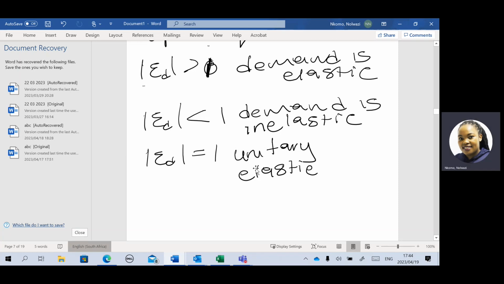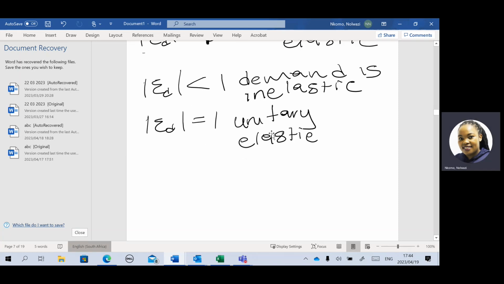And for the third case, it means when the price increases by 1%, then the demand decreases by 1%. Okay, let's quickly do an example.